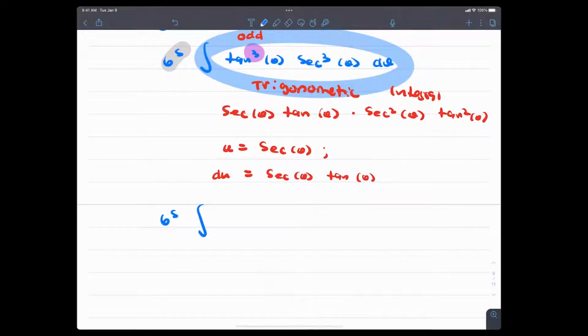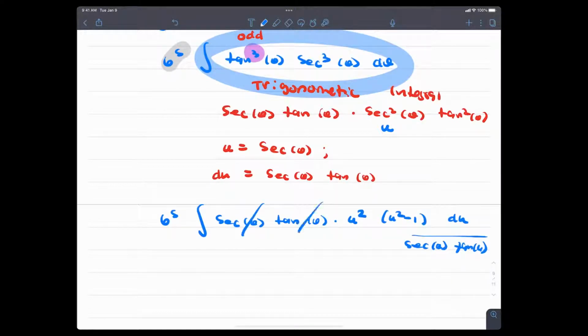So I'm going to bring down that constant here, 6 to the 5th, integral of secant theta tangent theta. Now, so this would be u squared. Is that right? Right in here, isn't that u squared? What do I replace that tangent squared with? Isn't that secant squared minus 1? So this would be u squared minus 1 du over that secant theta tangent theta.